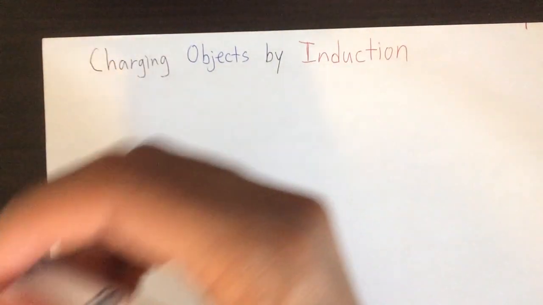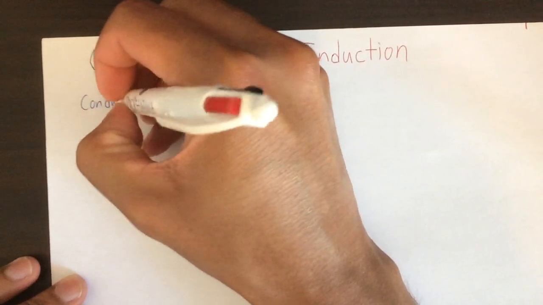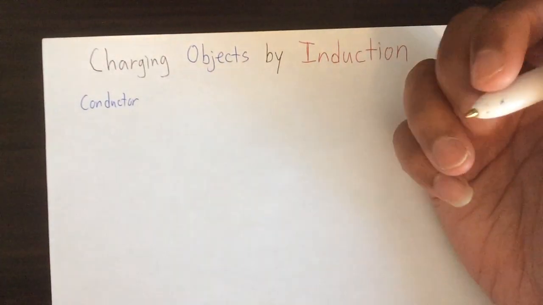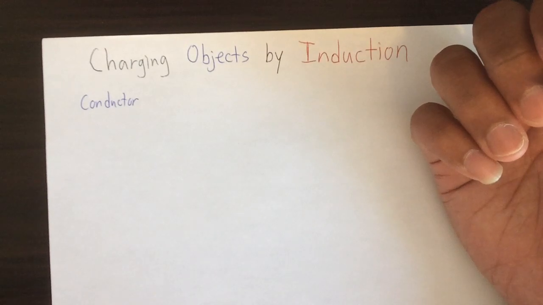So let's talk about what is a conductor. From a strict definition, conductors are materials in which some electrons are free electrons that are not bound to atoms and can move relatively freely through the material.